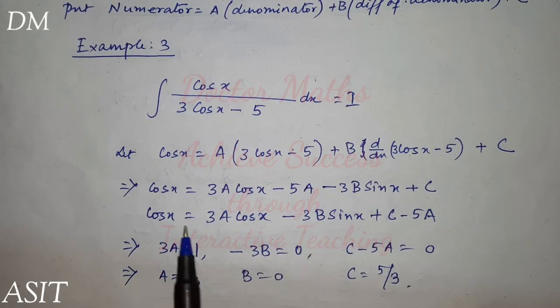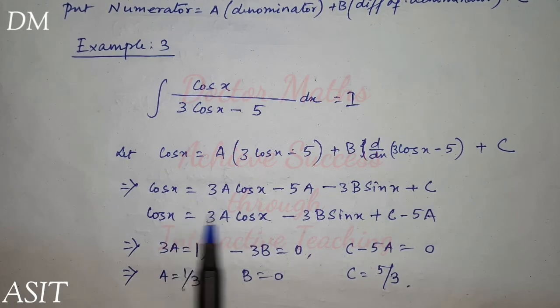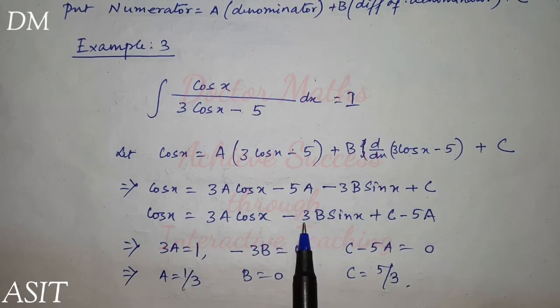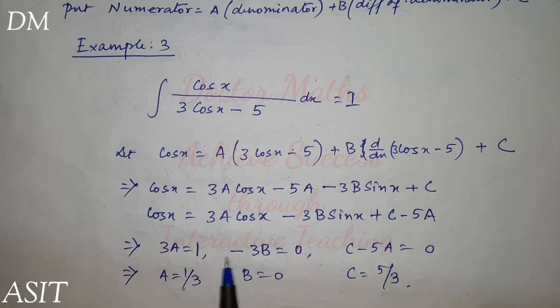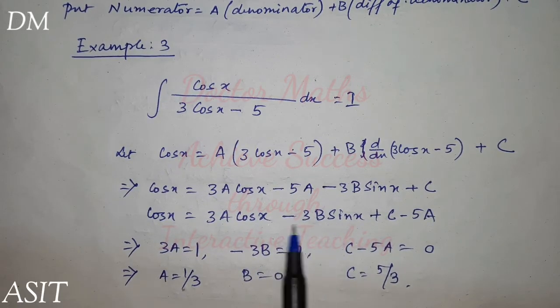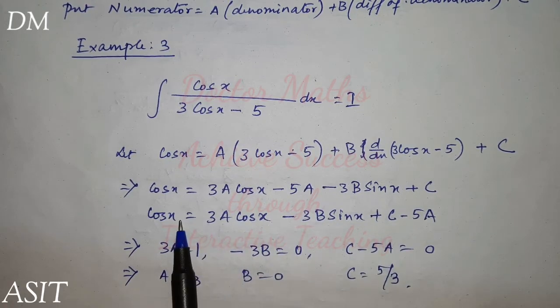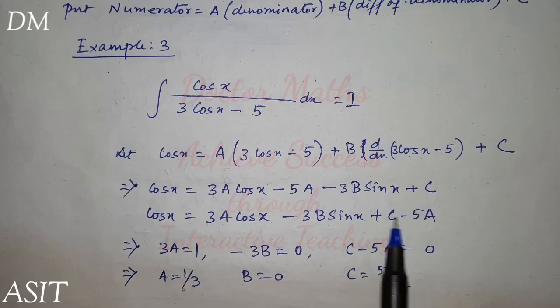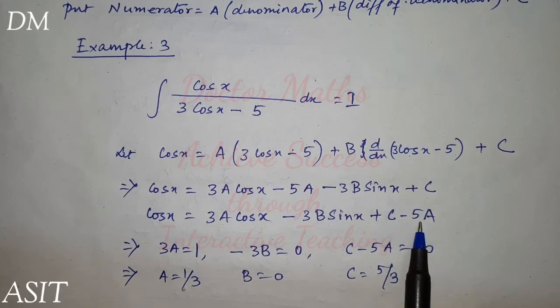Since there is no term of sin x in the LHS, that coefficient is 0, so the coefficient of sin x in the RHS, minus 3b, will become 0. And since there is no constant term in the LHS, c minus 5a will also be 0. From this we find a is equal to 1 by 3, b is equal to 0, and c is equal to 5 by 3.